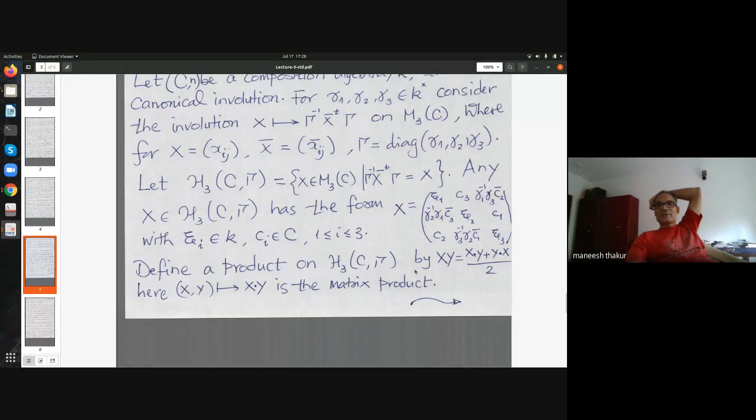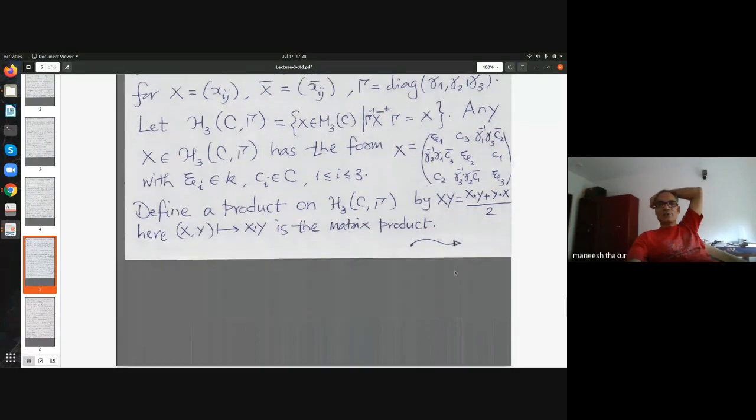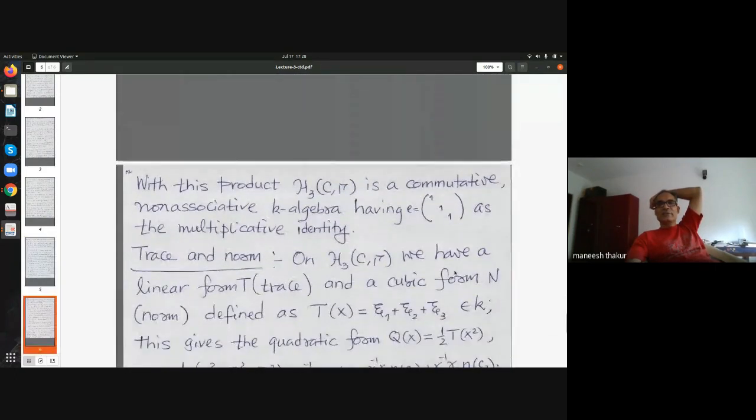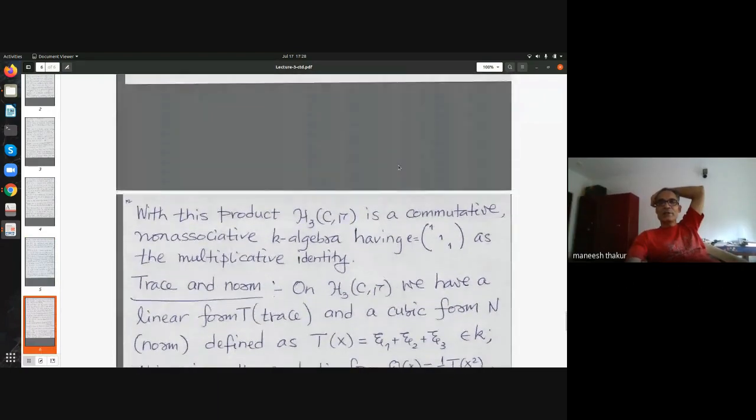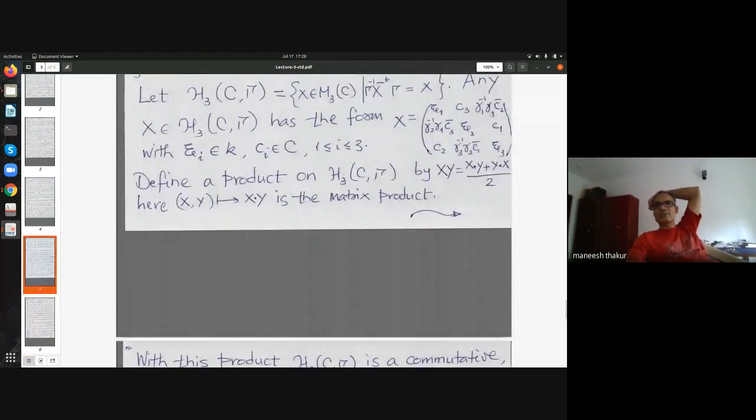So this defines an algebra structure. How is the product defined? It is this average of x dot y, where x dot y is the usual matrix product. Because of this, automatically you have xy equal to yx.